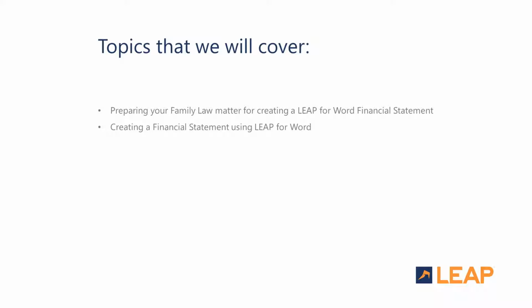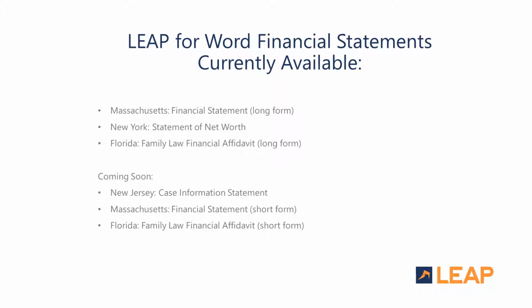In this session, we will provide an overview of the following: preparing your family law matter for creating a financial statement, and creating a financial statement using the new Leap for Word interface. The advanced financial statements that are currently available include the Massachusetts Financial Statement long form, New York Statement of Net Worth, and the Florida Family Law Financial Affidavit long form.